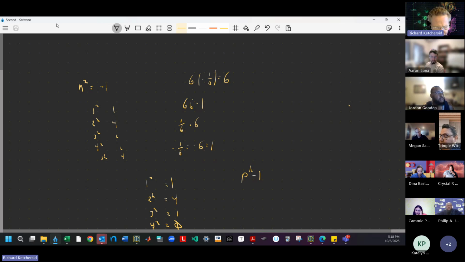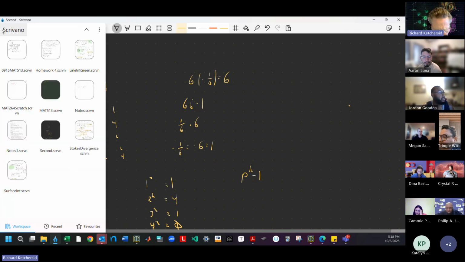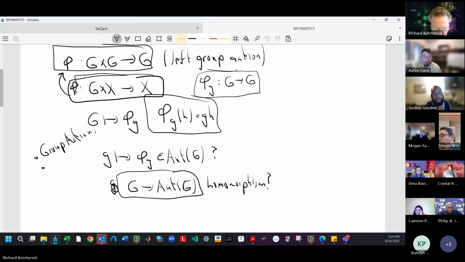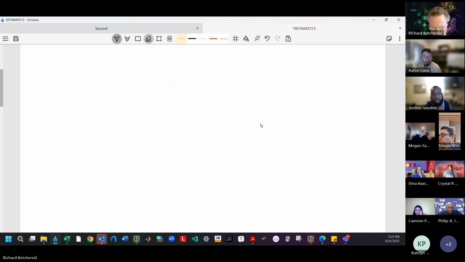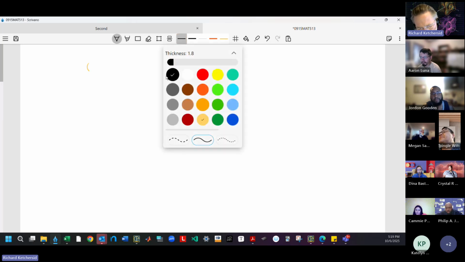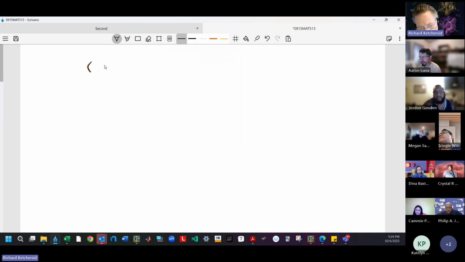Let me see. I want to open this other. Let's do this one. So here's a really important example, and this will come up if I do this example from the DQs, and I want to try to not forget to do that.